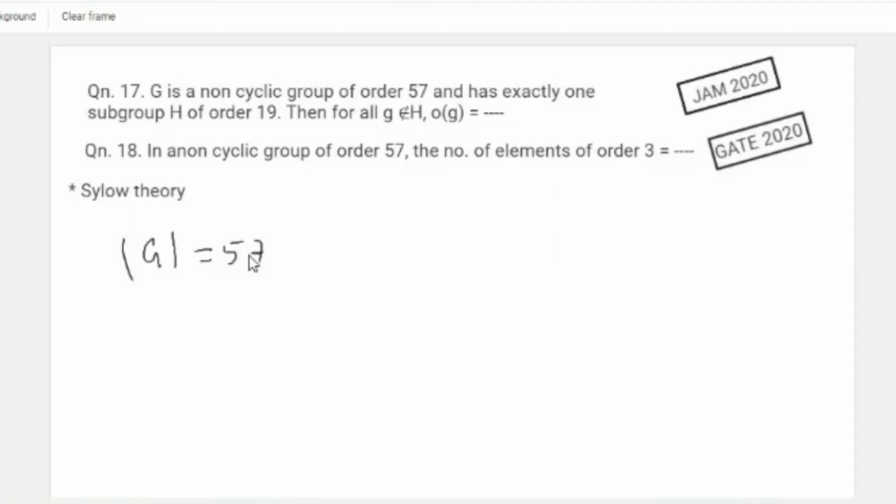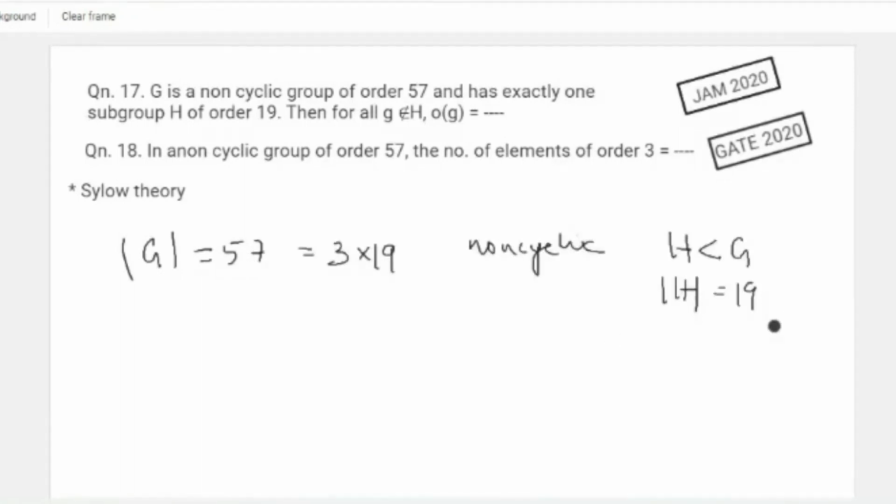Exactly one subgroup of order 19, that is H. So H is a subgroup of G. Okay. Now for every g in G which is not in H, what is the order of g? This is the question.